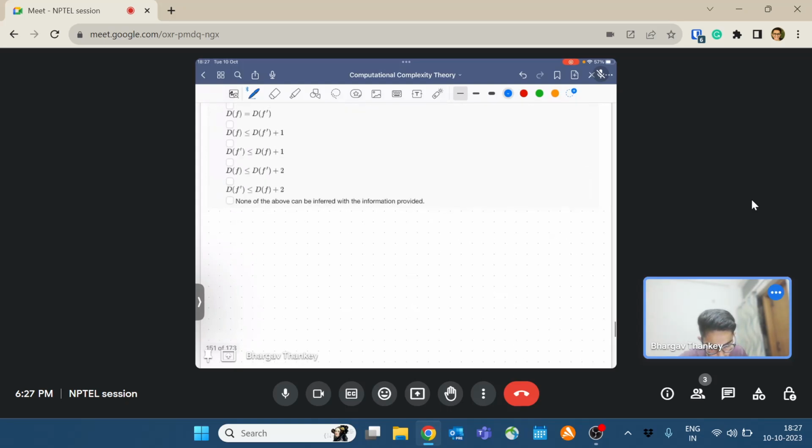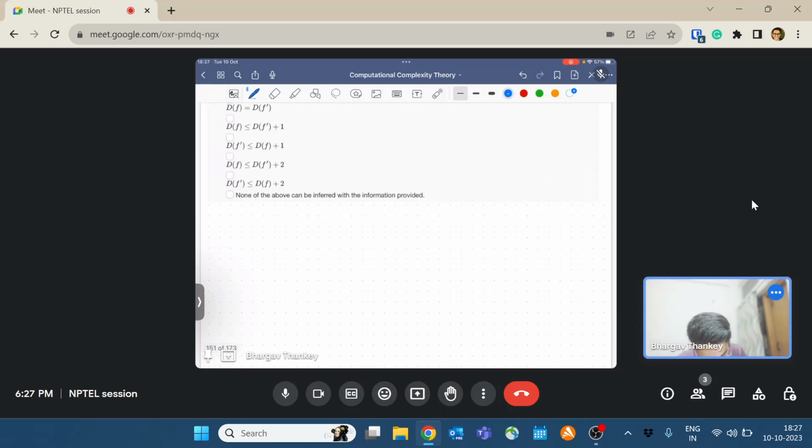So first, notice that the roles of f and f prime can be flipped in the question without affecting the situation.